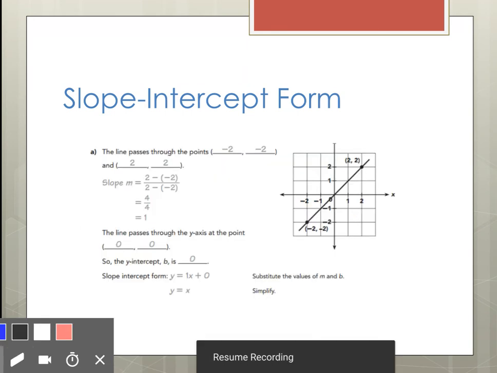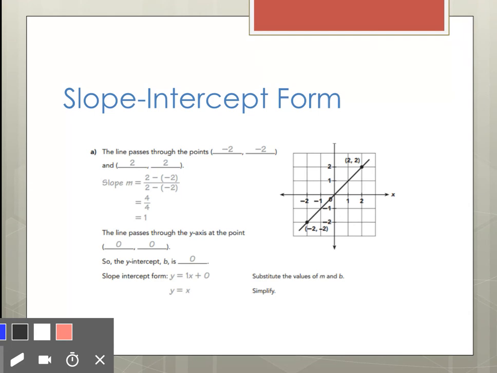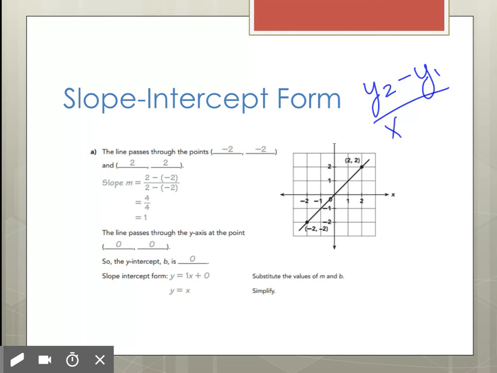All right, so let's practice a few of these. First, you're going to work on calculating slope. Again, that is y2 minus y1 over x2 minus x1. So we're using point 1 as negative 2, negative 2. So I'm just going to label that as my x1 and my y1.